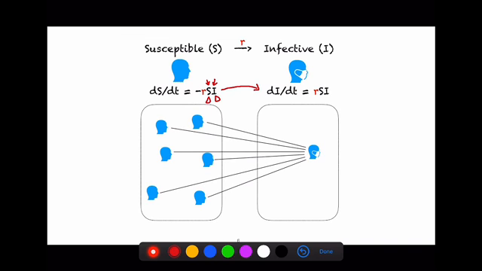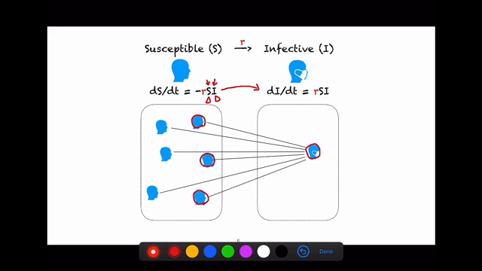That means any one of those persons in the susceptible is able to meet the infective. So we are actually thinking of a case of all-to-all coupling. Each of us is able to meet an infective with equal probability.